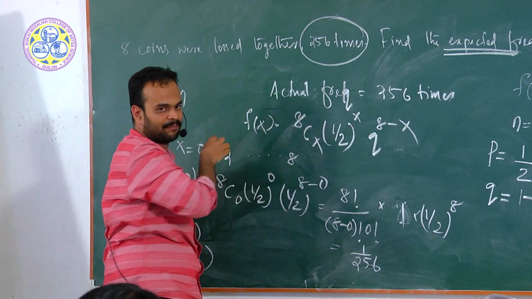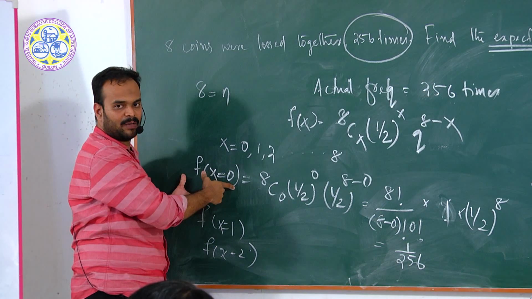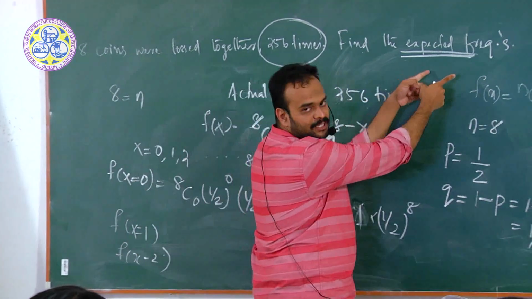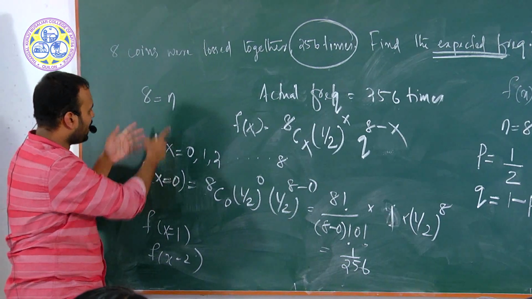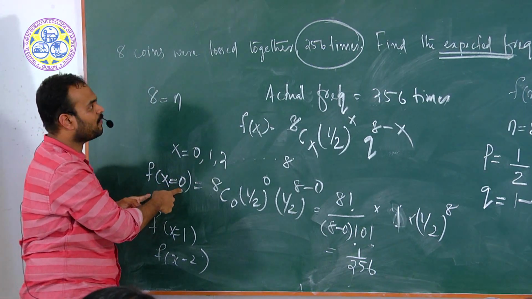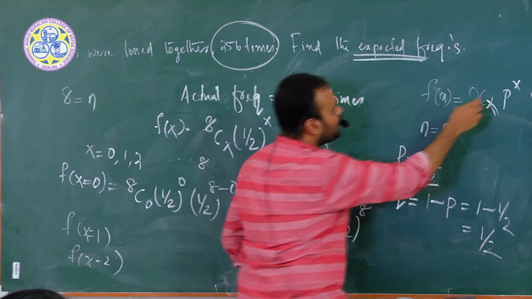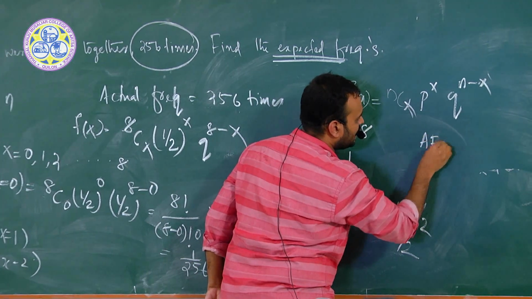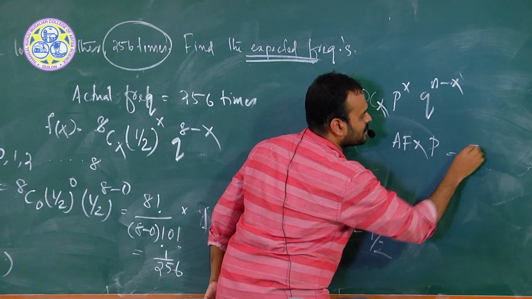You have to multiply the probability value, that is the f of x value, with the actual frequency to get the expected frequency. The equation is: actual frequency into probability value is equal to your expected frequency.